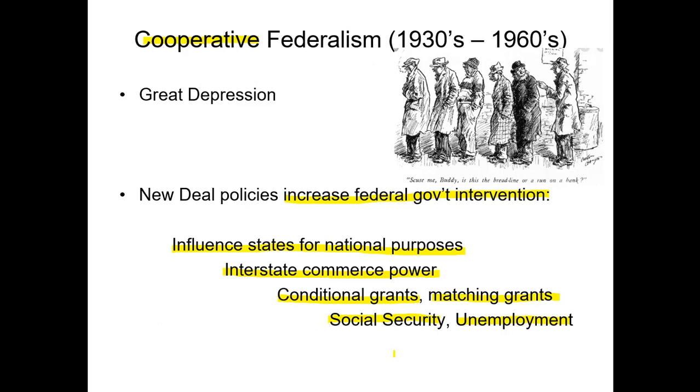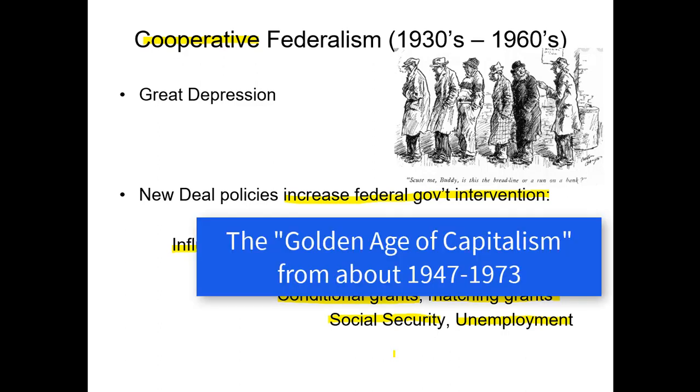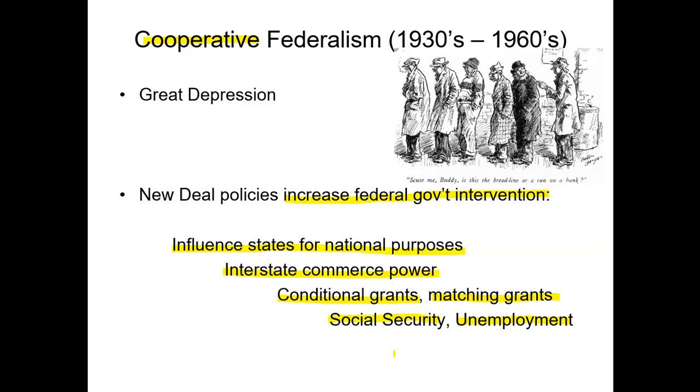After that victory, we see a very synergistic confluence of events. In the post-World War II period, we see an economic boom that was called the Golden Age of Capitalism. We saw people increasing their standards of living, and consumerism increasing tremendously.